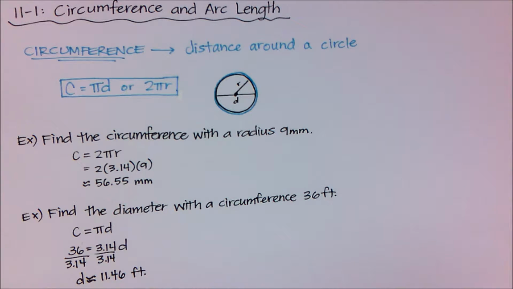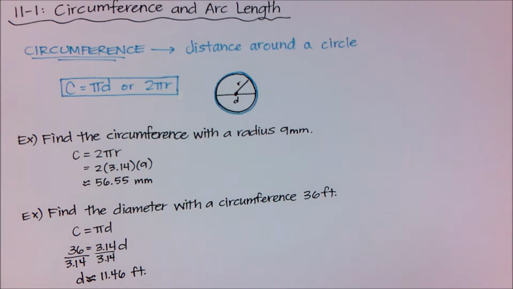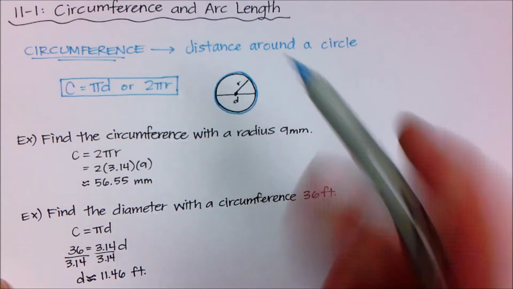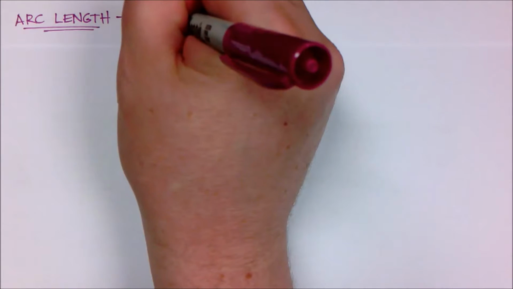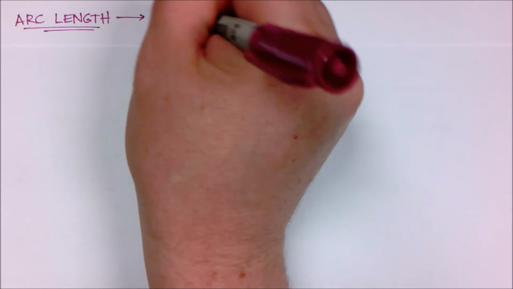So that's circumference. It's pretty easy. Again, it's just the distance around a circle. But then you might be asked to find the arc length, which is just a specific length of an arc, so it's part of the outside of a circle.